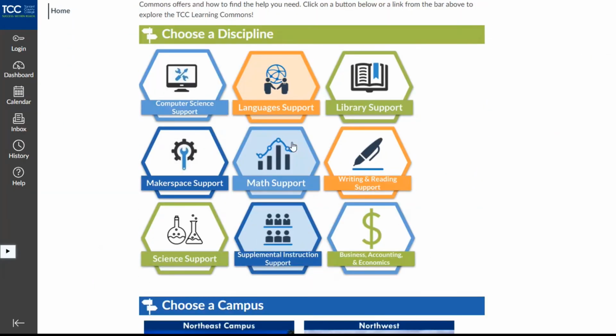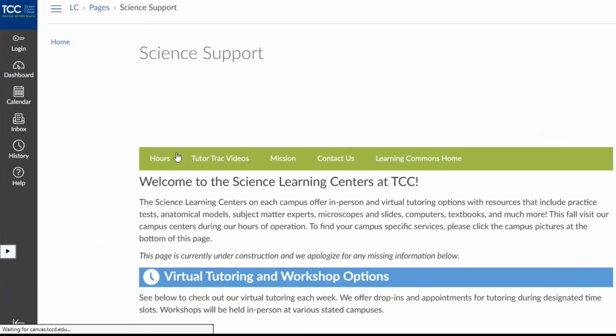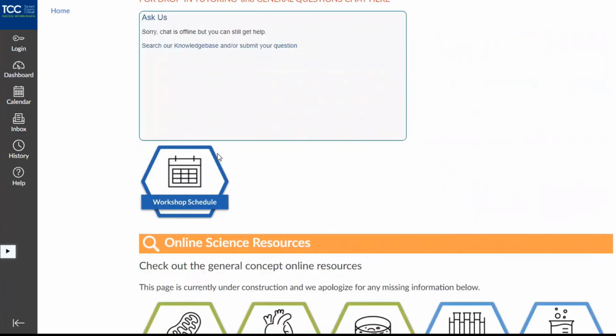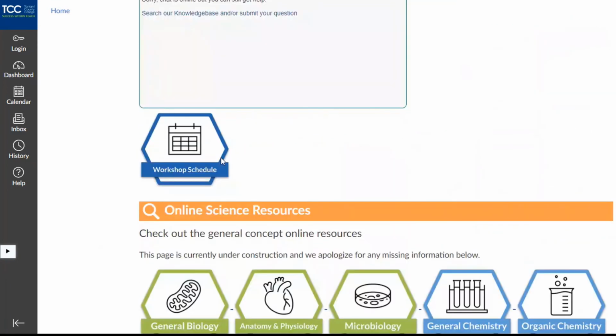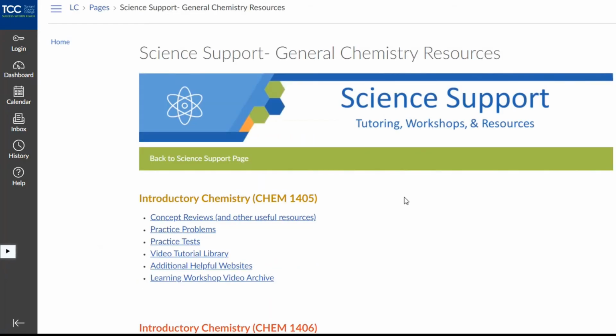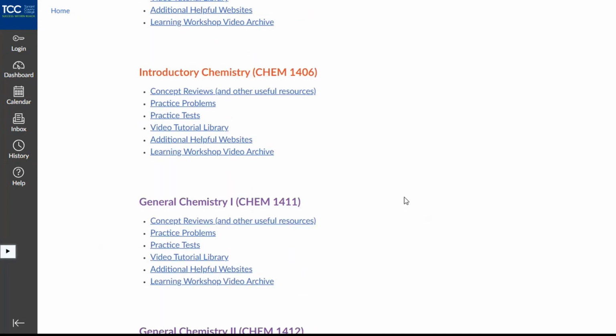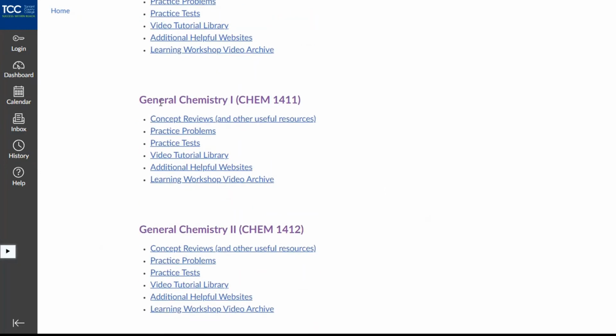Once there, click on science support. Don't click on a campus, just click on science support. Scroll down past the online tutoring schedule, all the way down to online science resources. From there, go to general chemistry, and I know that's a lot of clicks, and I'm sorry. I don't like that they made it that complex either, but go to general chemistry 1, 1411.